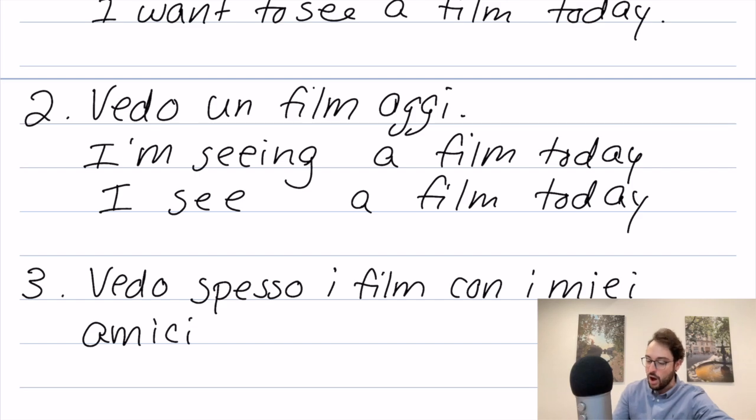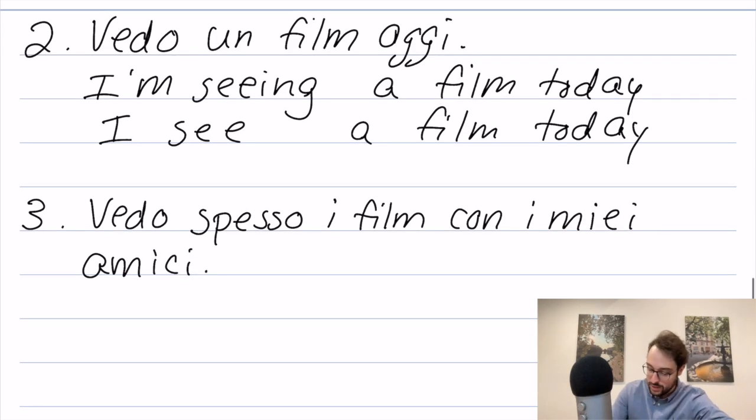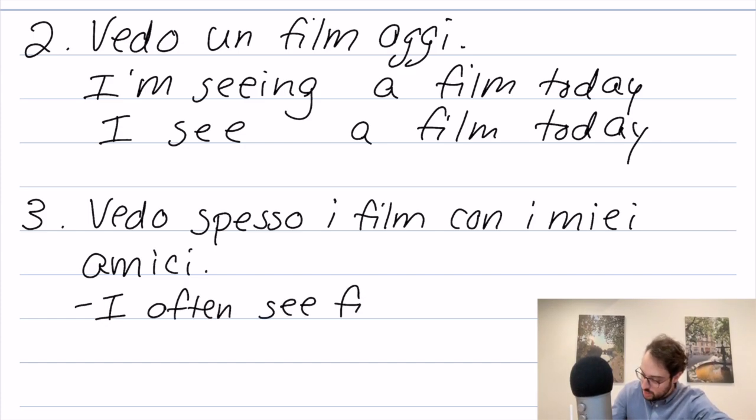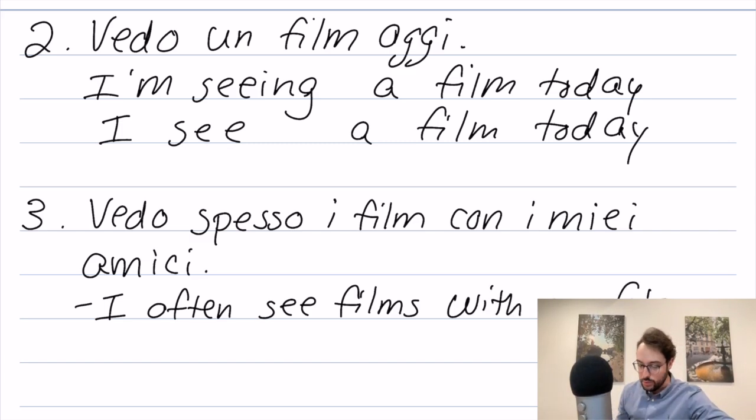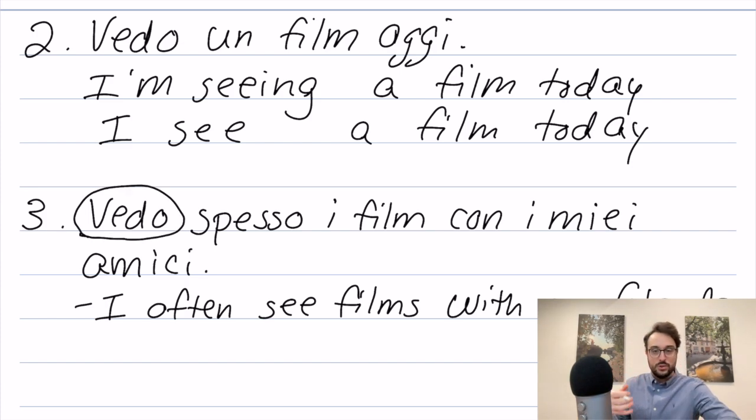This means I often see films with my friends. So I threw in a few other things here, but we just have a verb in the present tense. Io vedo. I don't need the io because it's understood when I'm showing the verb in all of its forms. Vedo, that ends in an o, is only for io, so I already know who we're talking about. Then I say often.